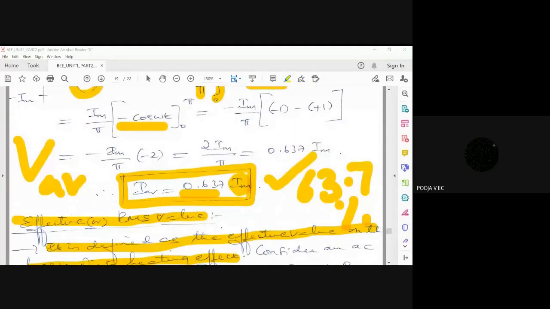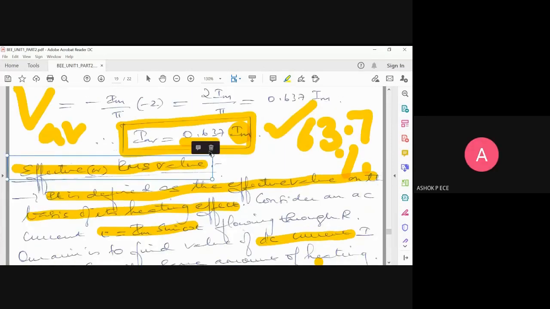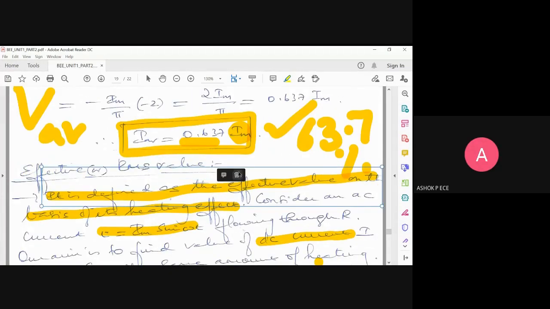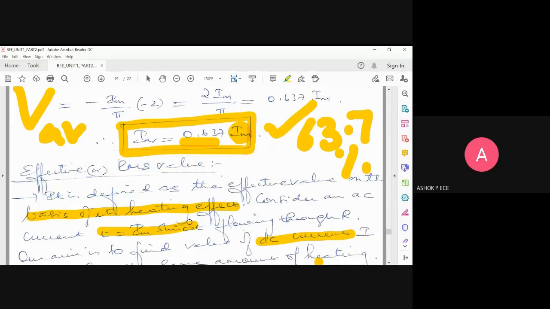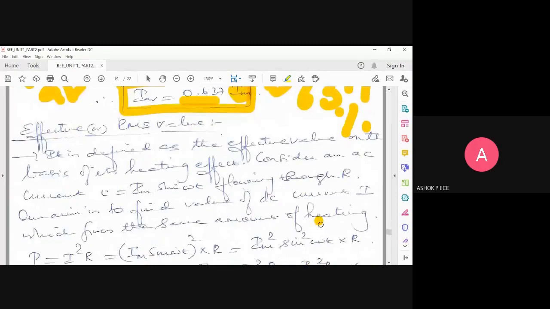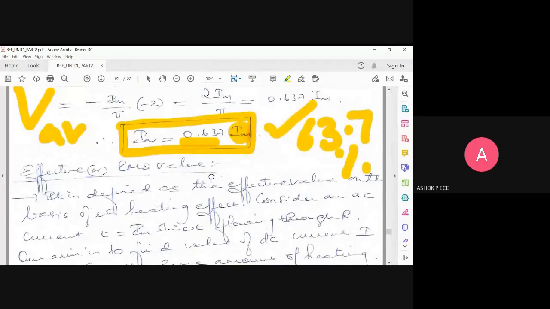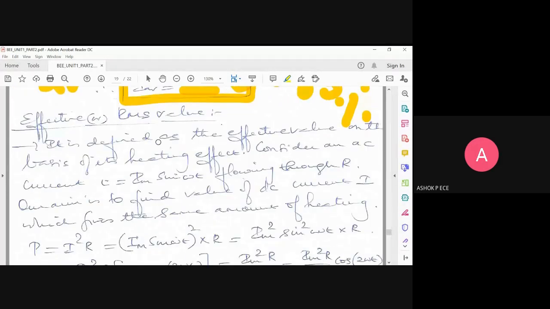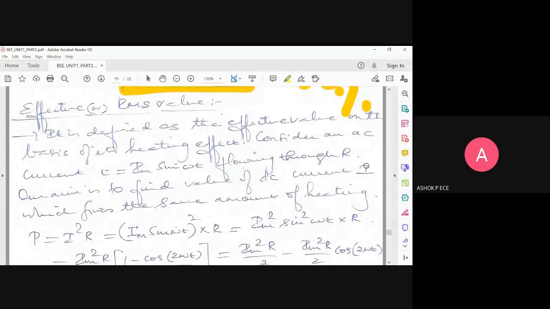Sir, what is the difference between RMS value and average value, sir? Both are not the same. See, RMS value only we will be using in all our circuits because it is more effective than your average value. The average value will give an idea of the variation of your signal, what is the average energy of your signal. But RMS value will actually say that if an equivalent DC current is flowing, what will be the power.